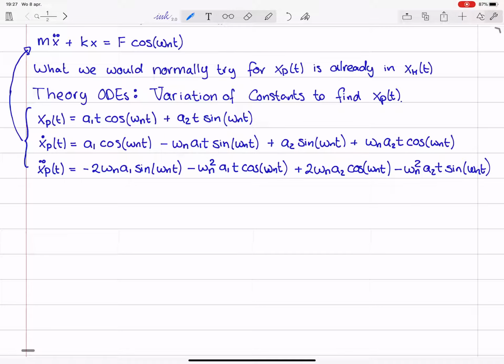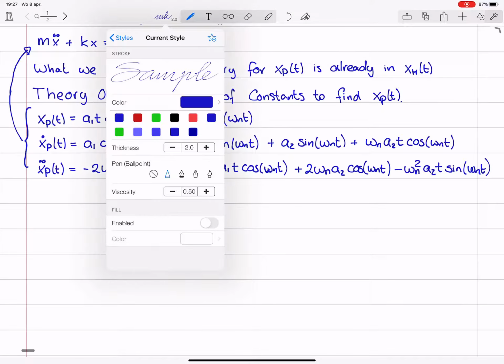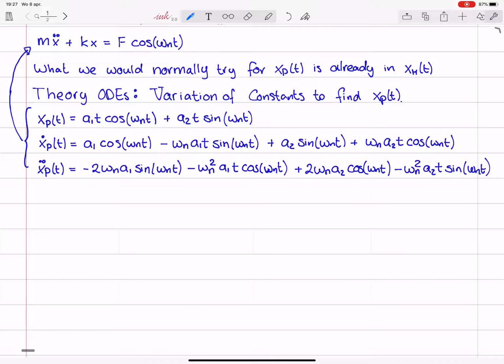You can see that that becomes quite lengthy, but before we start really writing it down, let's focus on all the terms that contain a t. So here we have a t cosine term, minus omega n squared a1t. And here we have a1t times the cosine, which upon substitution will cancel.